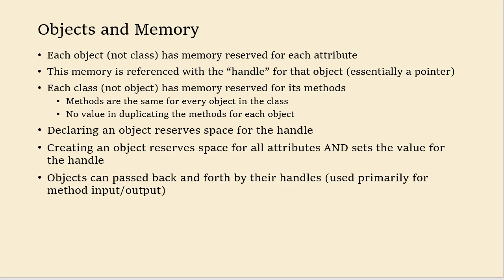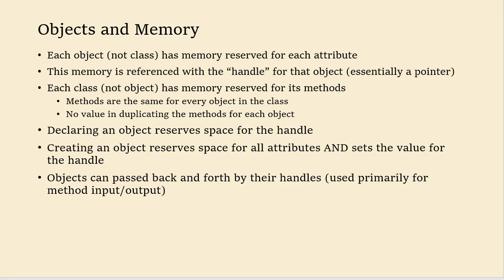We'll have a little bit of discussion here about how objects relate to memory. Remember, when your Java program runs, it actually runs through something called the Java Virtual Machine, or JVM. And the JVM is the thing that handles all of the memory. The main reason the object-oriented paradigm was put out there was for data encapsulation.